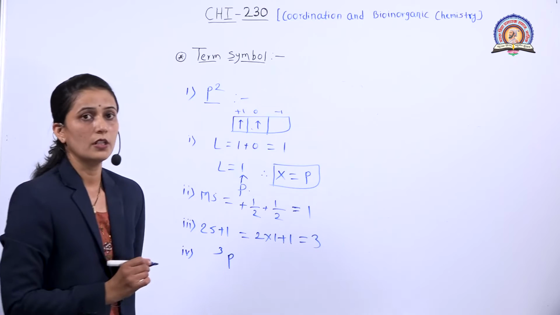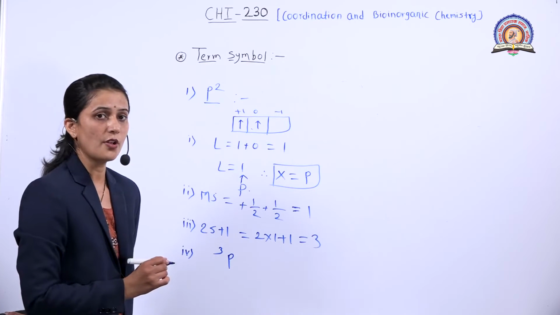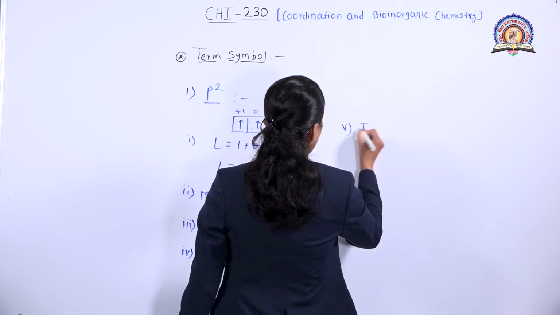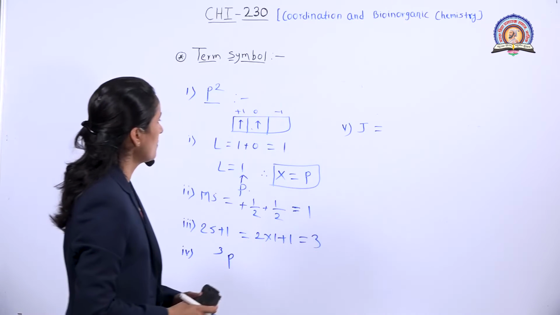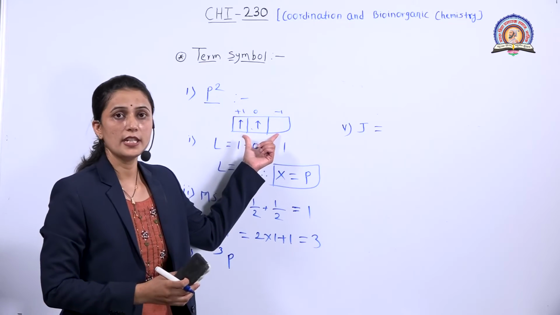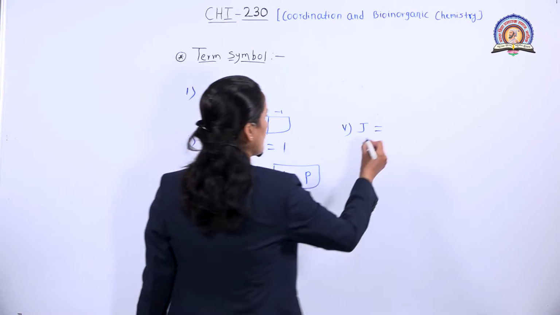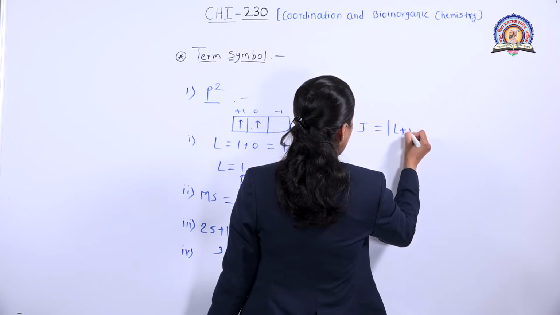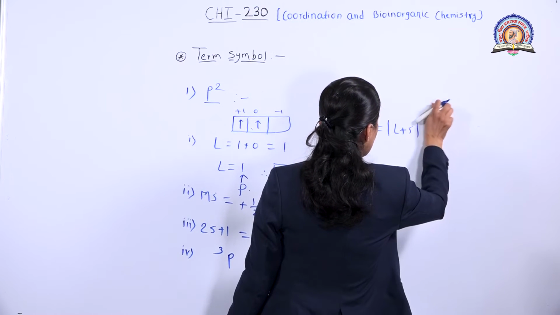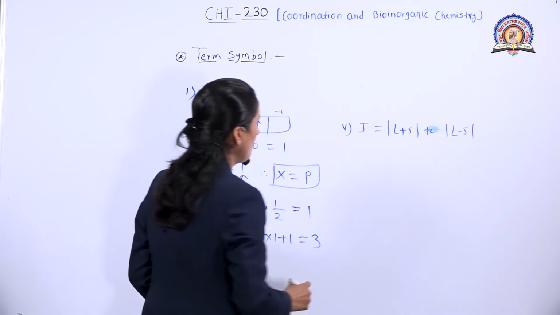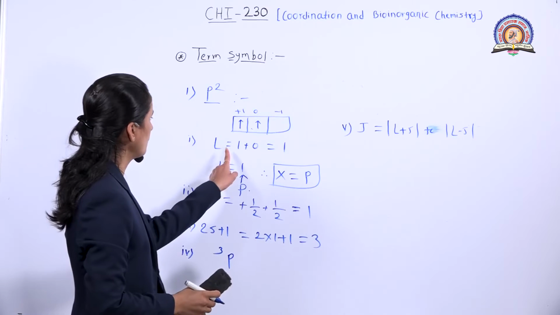Now the calculation for J value, that is the last one. See student, as we know, the configuration is less than half filled. So we can directly write here L plus S to L minus S. Now we have L value and S value. What is the L value?